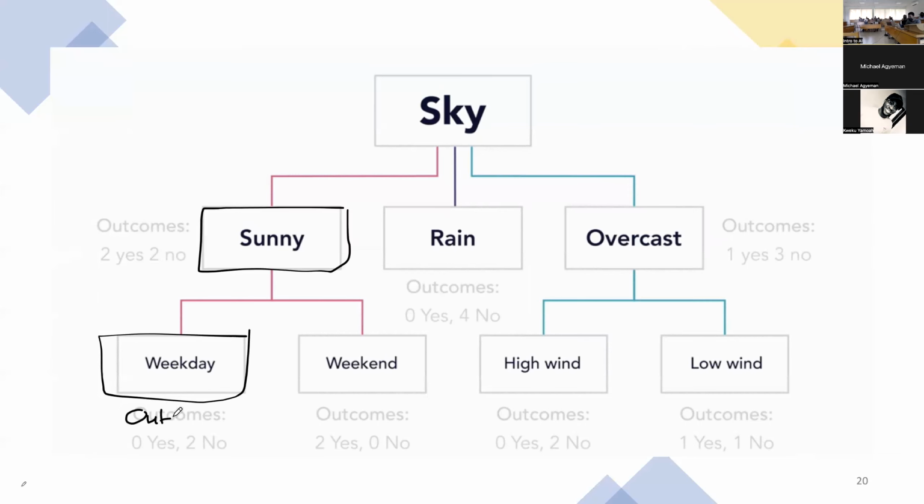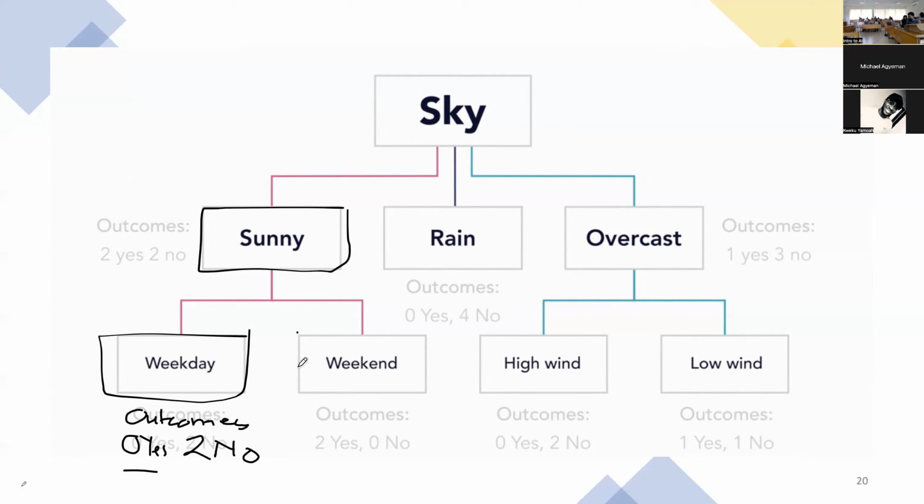The possible outcomes when it's sunny and a weekday, from the data we had, was no. We have 2 counts that Yash didn't go to the beach on a sunny day during the weekday.